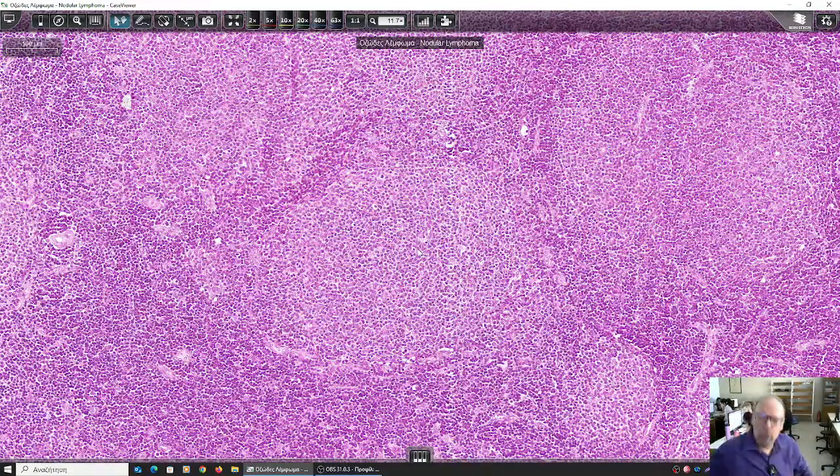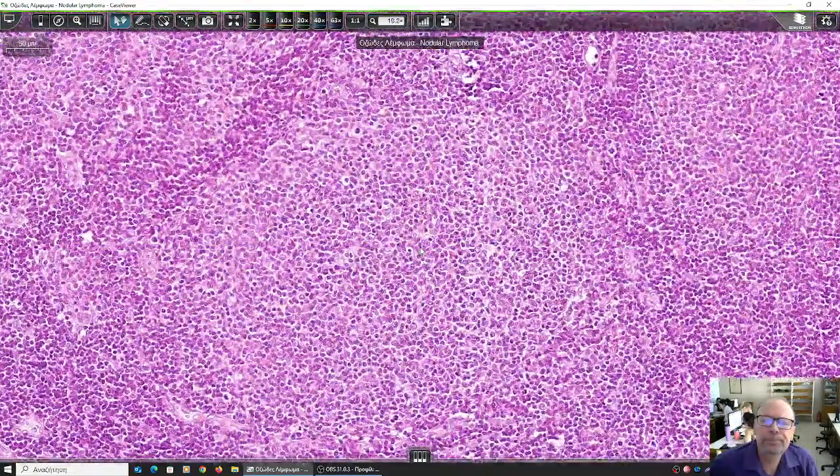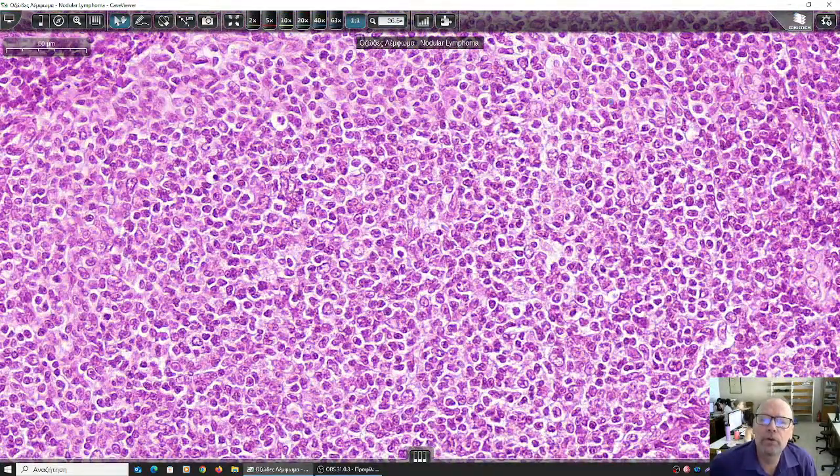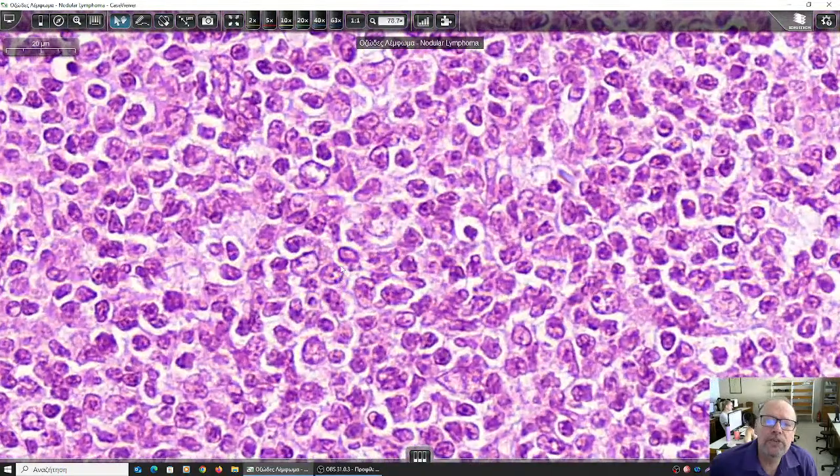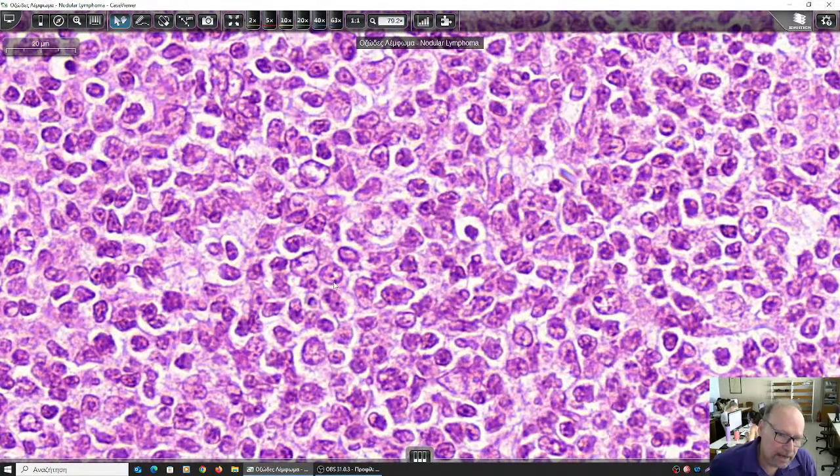It can be of low grade because, from a morphology point of view, most cells are small cells, and have a look at the distribution of the chromatin close to the nuclear membrane. Since these cells are of the blastic center of the lymphoid follicles, how are they called? Centrocytes.